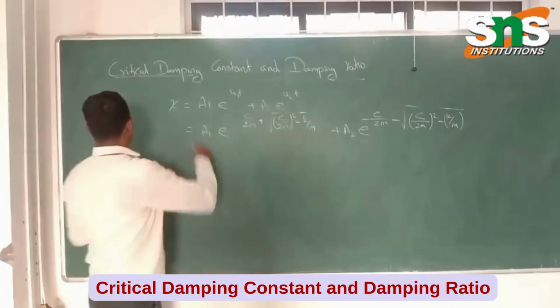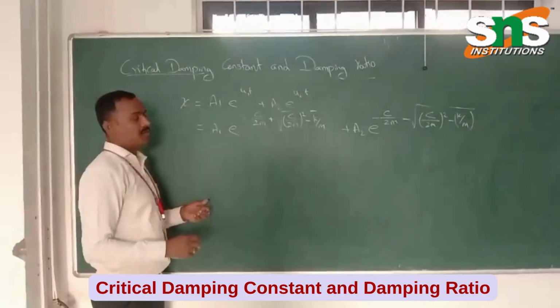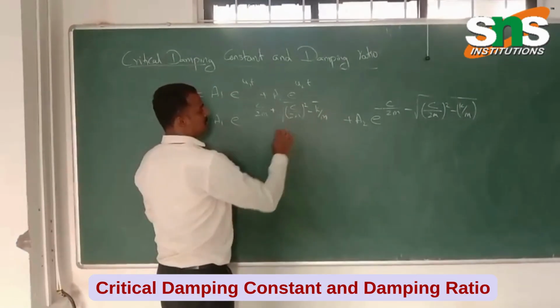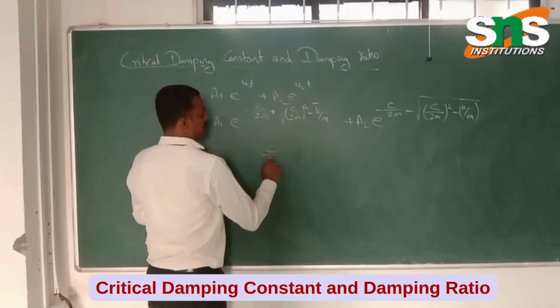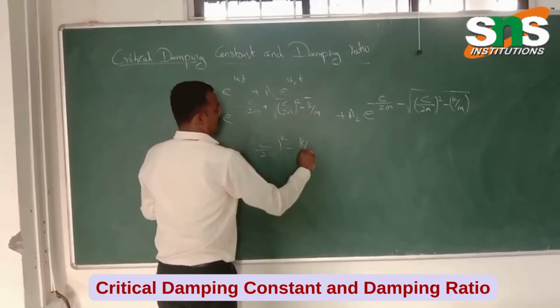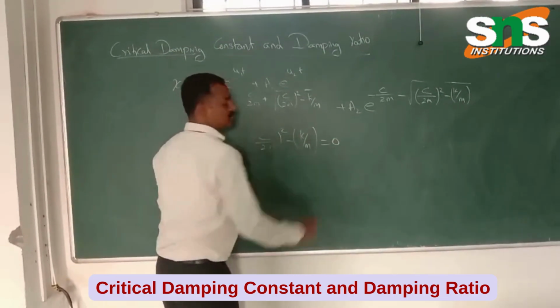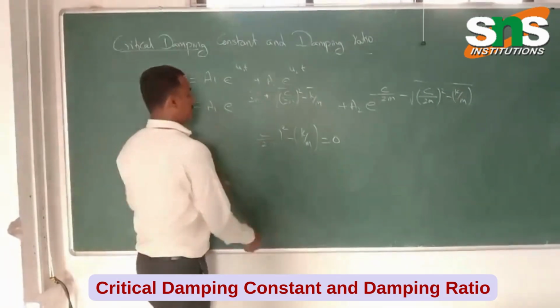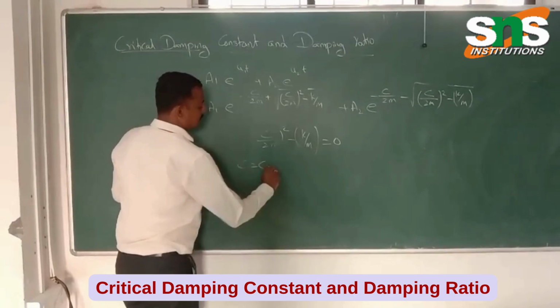Today we are going to see what is the critical damping. So critical damping will happen mathematically when the term (c by 2m) the whole square minus k by m becomes 0. Then this damping will act as the critical damping.